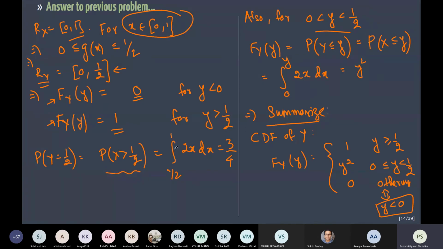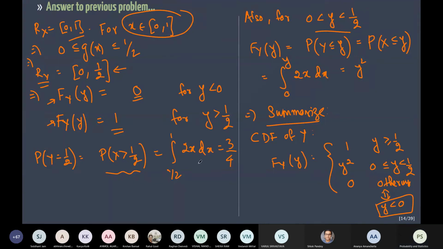So I have to integrate from half to 1, because x takes the value 1 only, so there is no point in going up anywhere else. So x greater than half to 1 in the range of x.